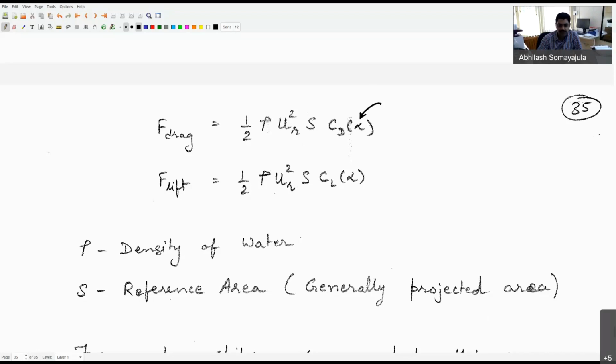Similarly, the lift force can be given as half rho ur square times S times CL, where CL is the lift coefficient, whereas CD is the drag coefficient, and both of them depend on the angle of attack alpha.